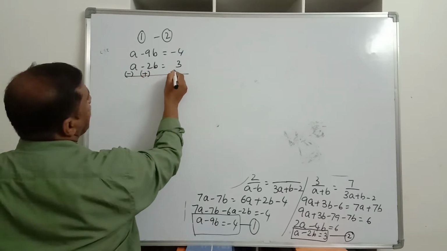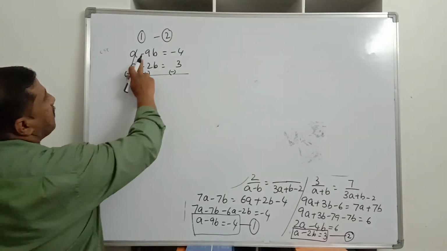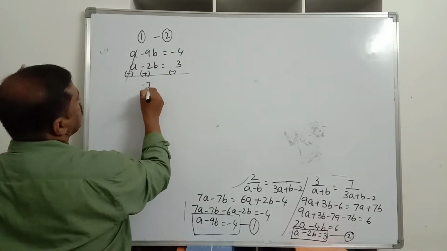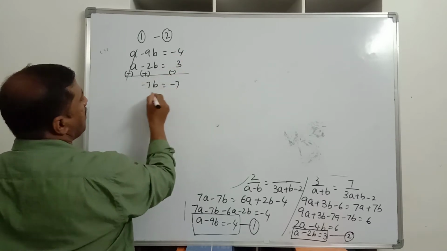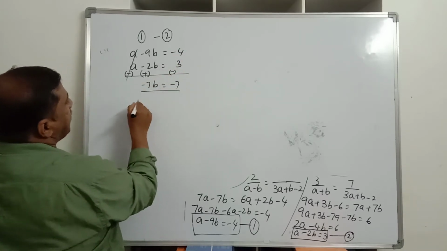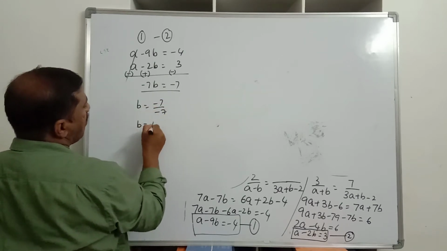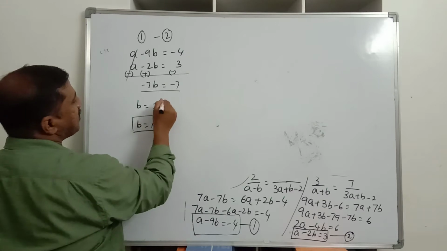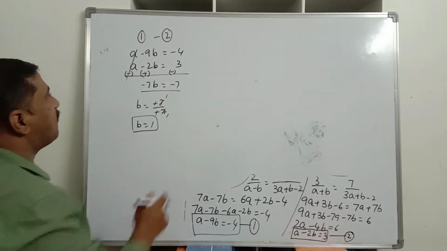Plus a, minus a are cancelled, then minus 9b plus 2b is minus 7b, equal to minus 4 minus 3, which is minus 7. Then b is equal to minus 7 by minus 7, which is 1. Minus and minus are cancelled, we get b is equal to 1.